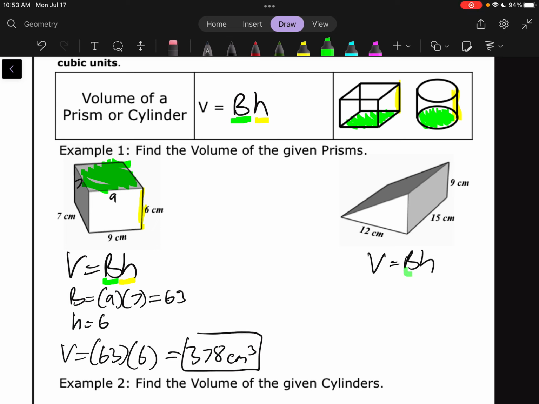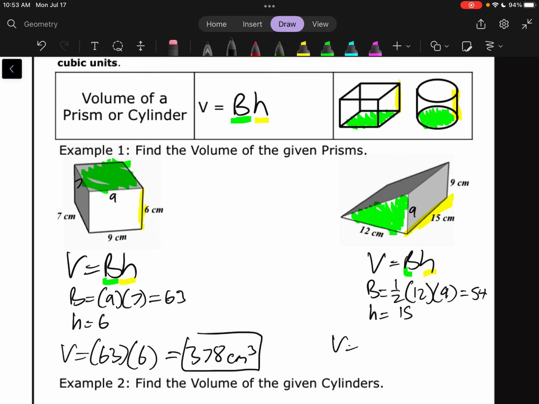For this one, our big B will be the area of the triangle, right? Because this is a triangular prism. So I'll do 1/2 times 12 times 9, and that gives me 54. And then the height of the prism would be the 15, because that's the distance from triangle to triangle.